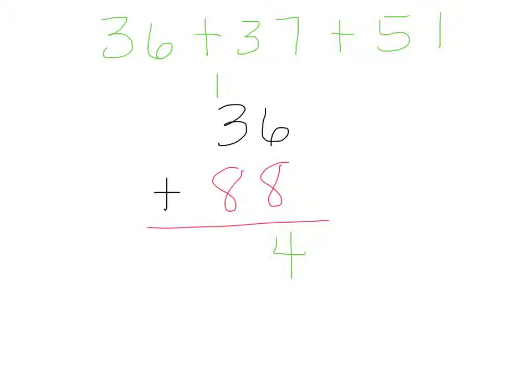Then I'm going to add this together. 8 plus 3 plus 1 equals 12. Okay, or I can say 1 plus 3 is 4. 4 plus 8 is 12. So then I will take my 12 and I'll put it down here. Okay, so 36 plus 37 plus 51 equals 124.